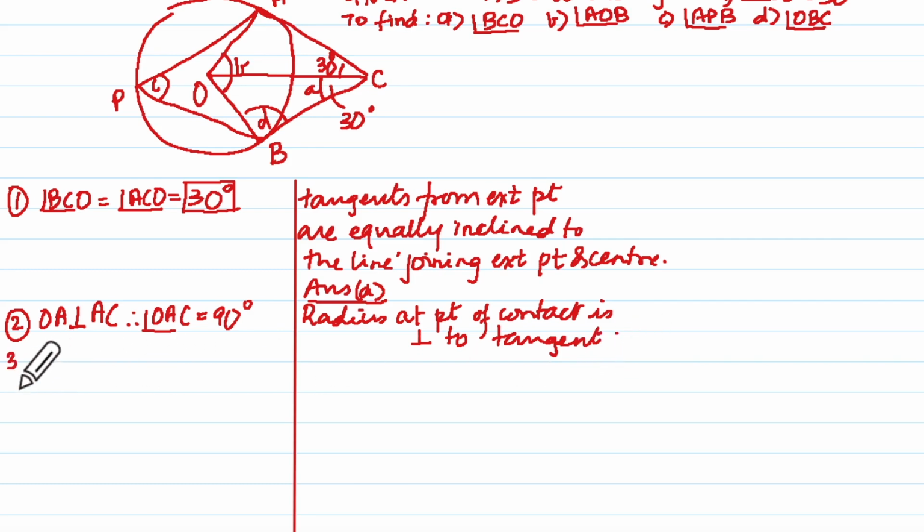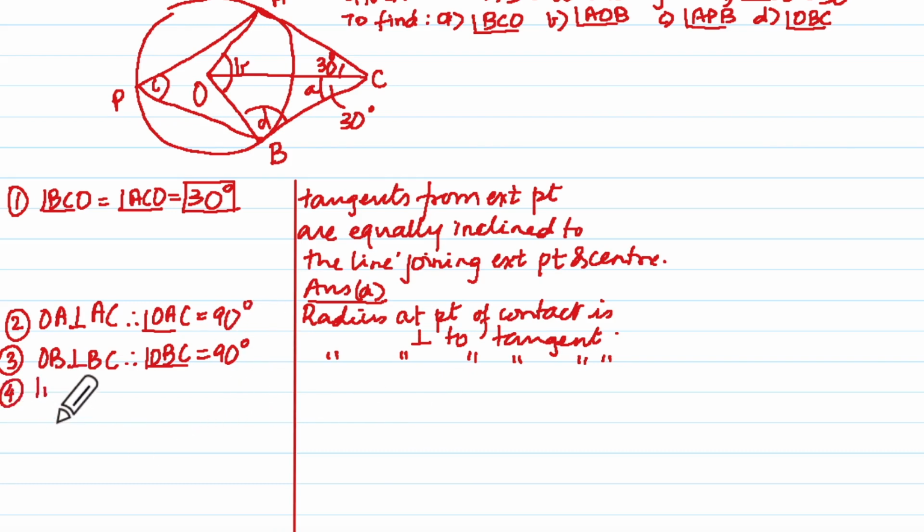Then in your third statement, we will write exactly the same thing with OB perpendicular to BC. Therefore, angle OBC equals 90 degrees, and again we will put the ditto marks, or you can club these together and keep the same reason for both the statements.